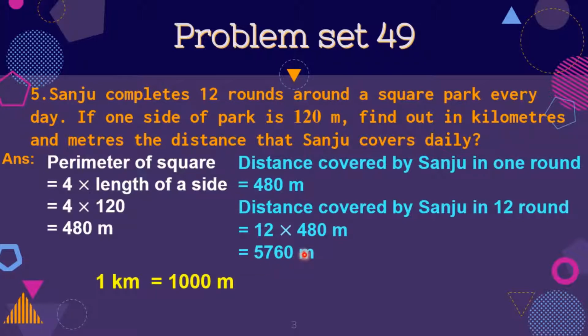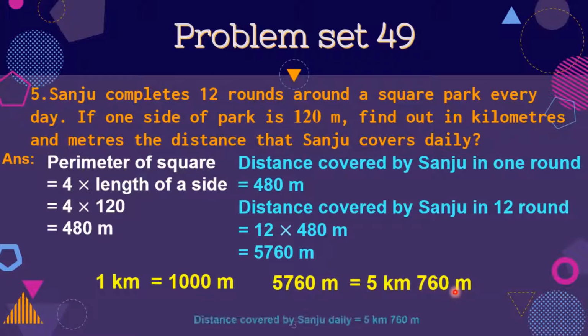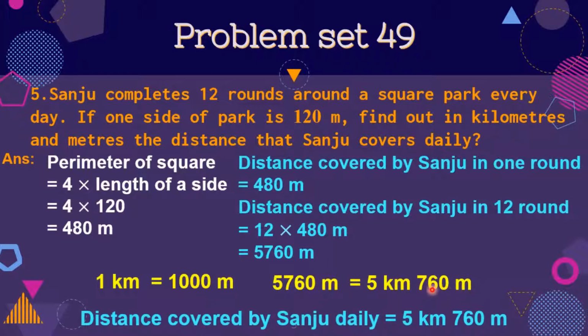So we get 5760 meter is equal to 5 kilometer and 760 meters. So here we write the statement as distance covered by Sanju daily is equal to 5 kilometer 760 meters.